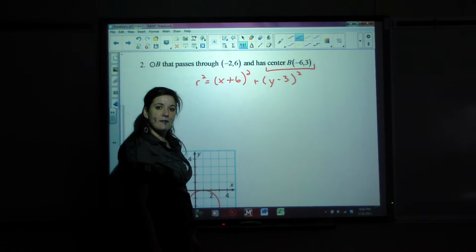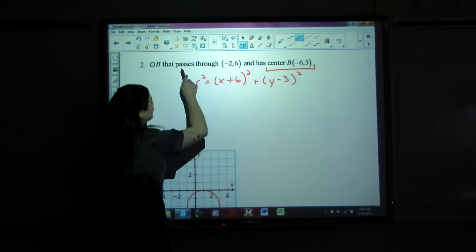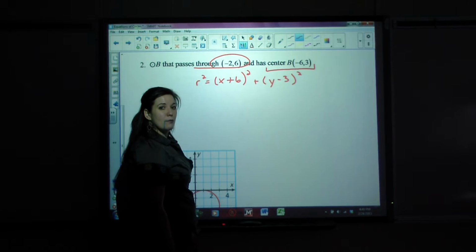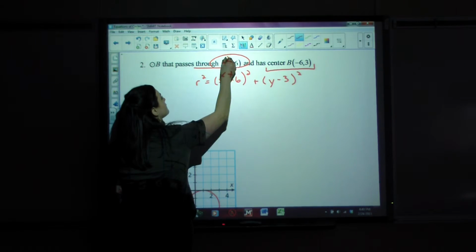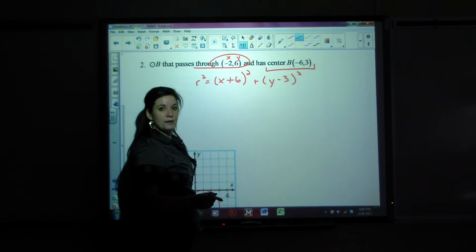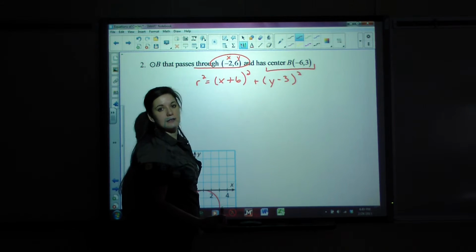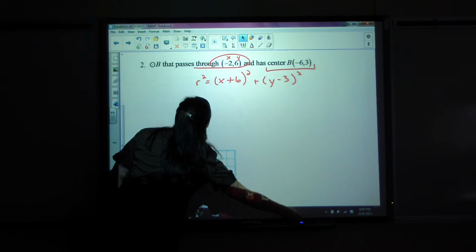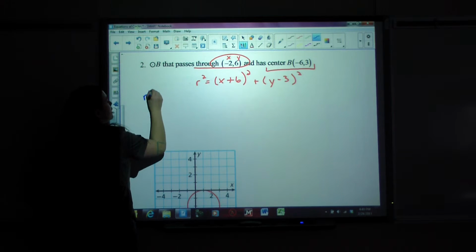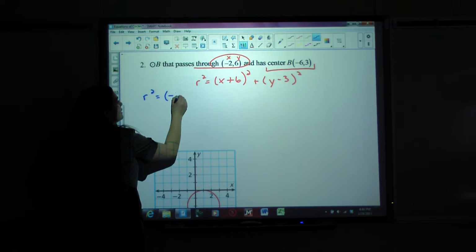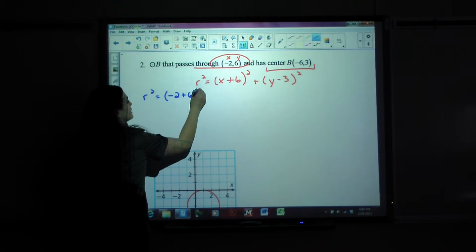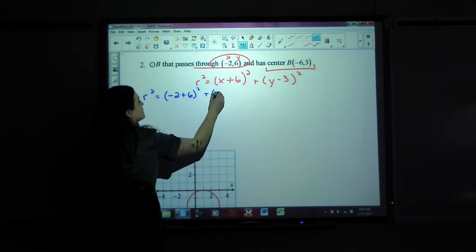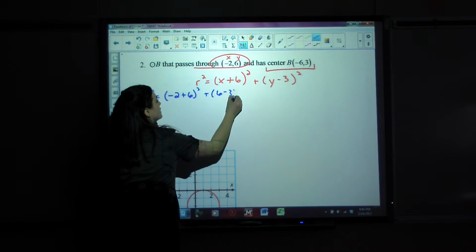It's not finished yet. What we have to have before we can call it complete is the actual radius. Well, how are we going to find that? That's when this other information comes in, this other point. What I'm going to do is plug this in for x and this in for y so that we can find what the radius is. We're going to have r squared equals (-2 plus 6) squared plus (6 minus 3) squared.